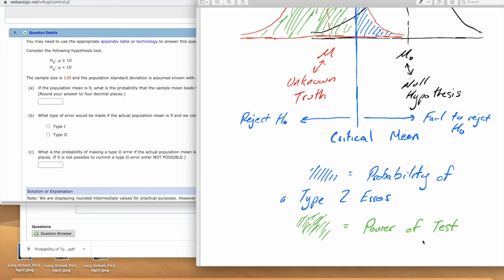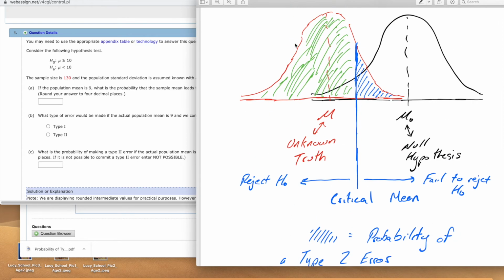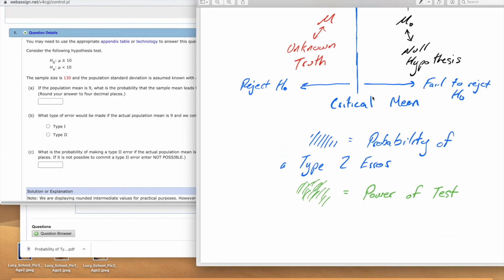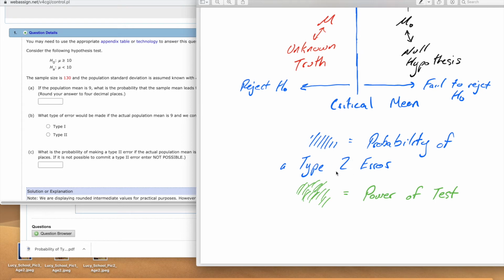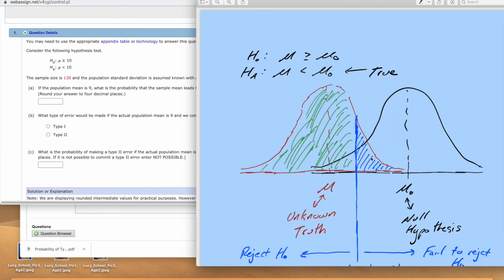The green area is called the power of the test. We like the green area: if we land in there, we get the correct answer. If we land in the blue area, we get the wrong answer. Notice that the green area plus the blue area add to 1. In other words, the probability of a type 2 error plus the power of a test always add to 1.